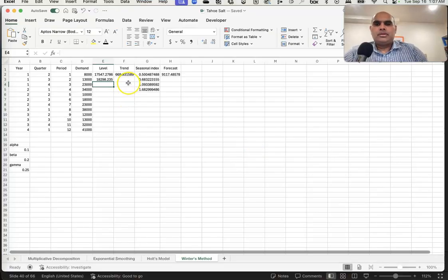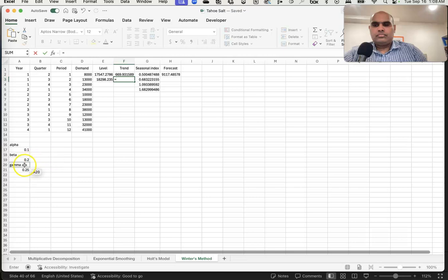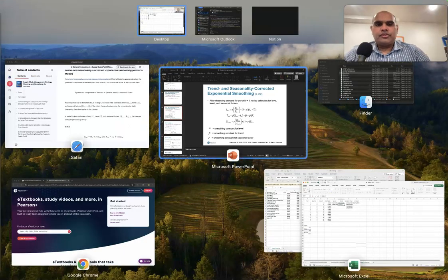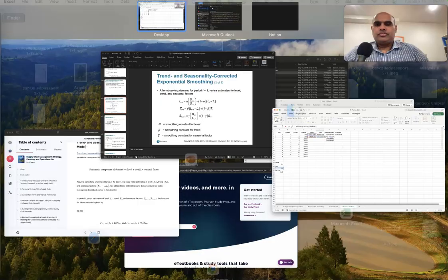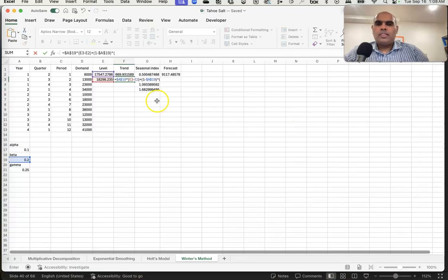For trend, it was beta times the difference between the previous levels, plus 1 minus beta times just the trend for the previous time period.